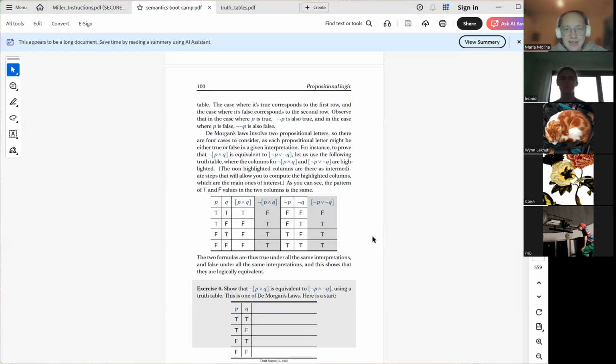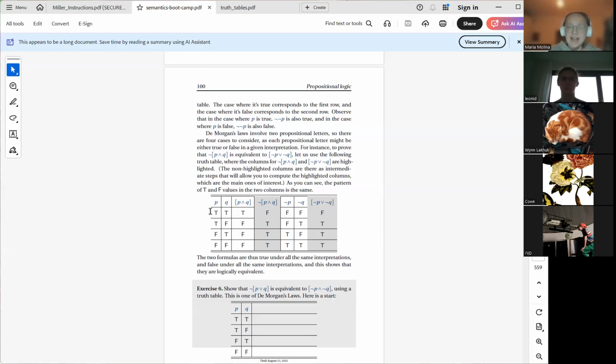Each propositional letter might be either true or false in a given interpretation, and then we get all those combinations. If P is true and Q is true, then P and Q is true.